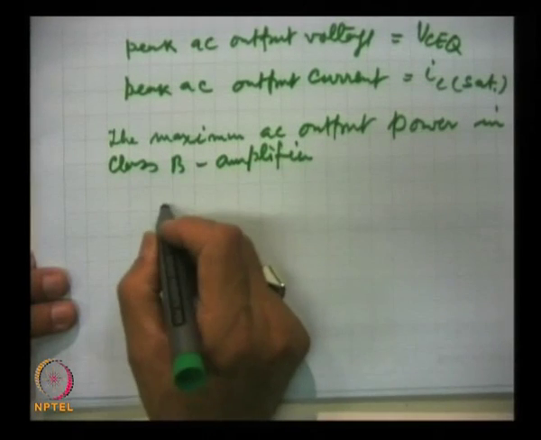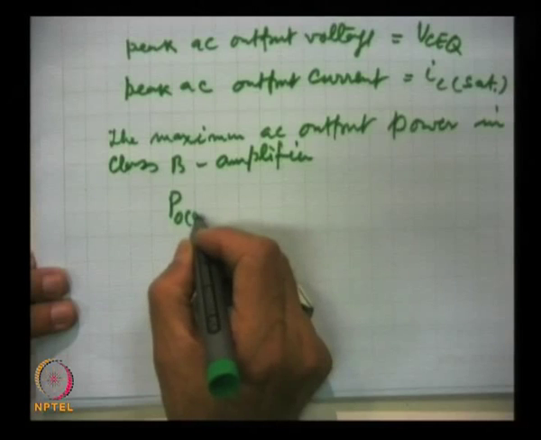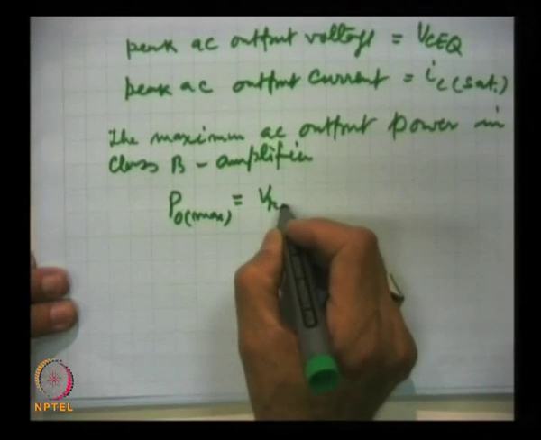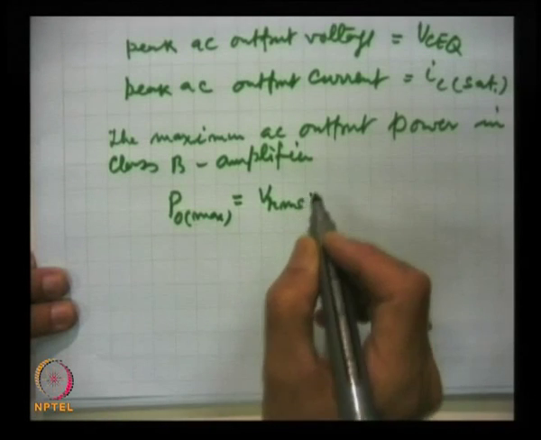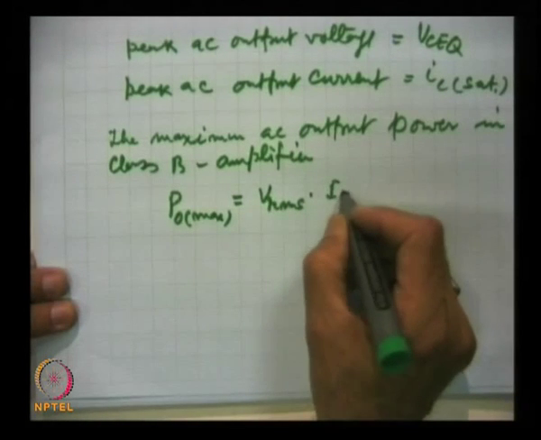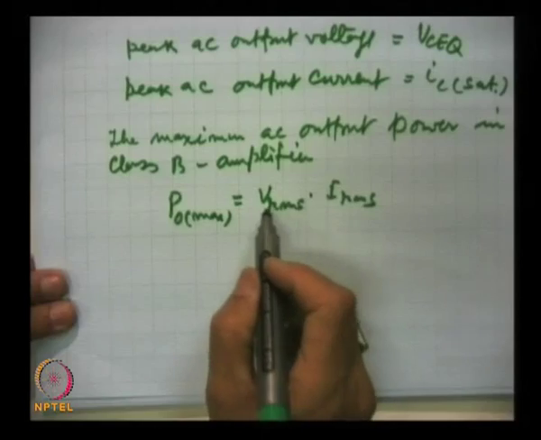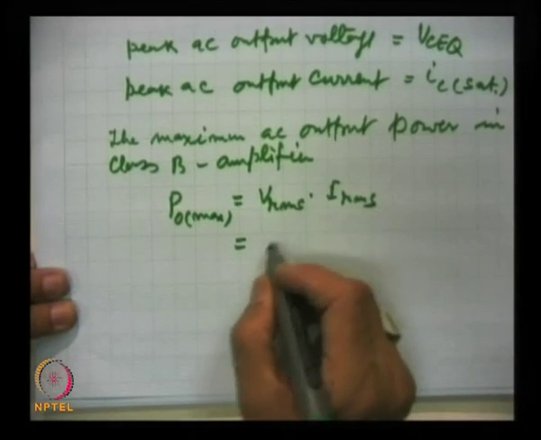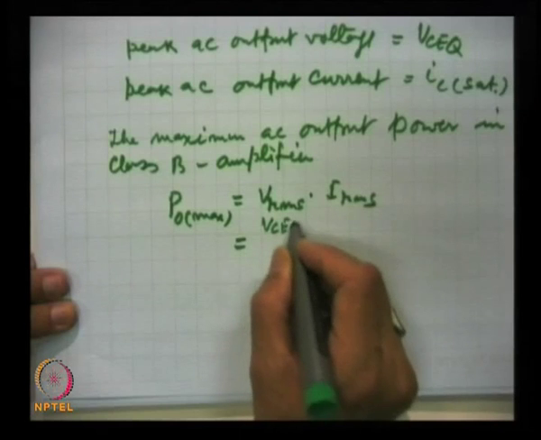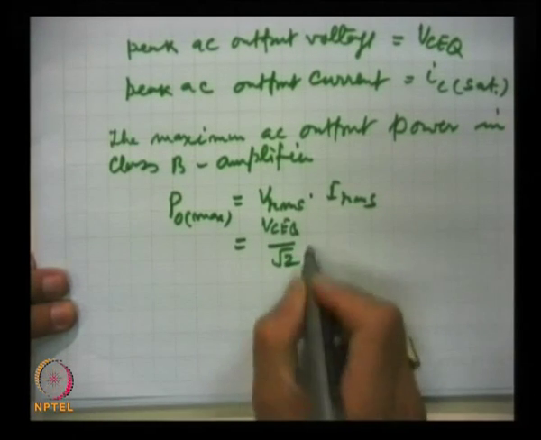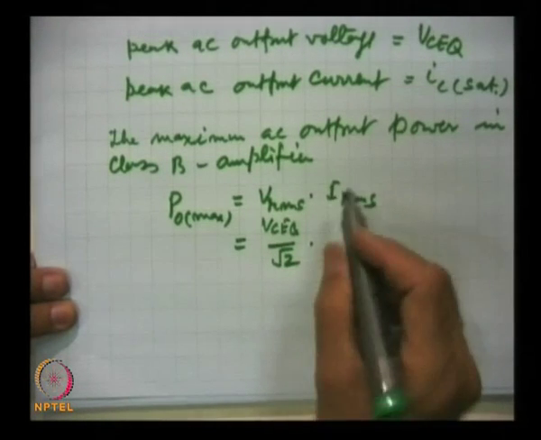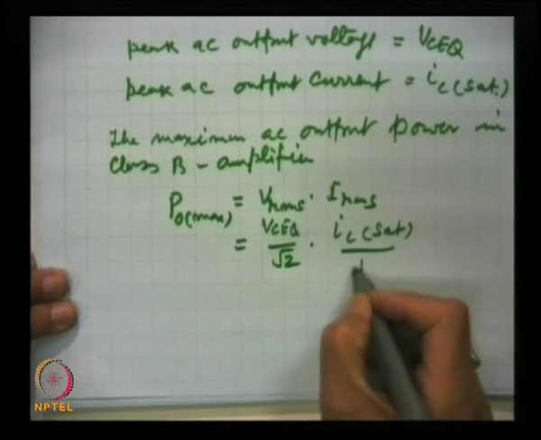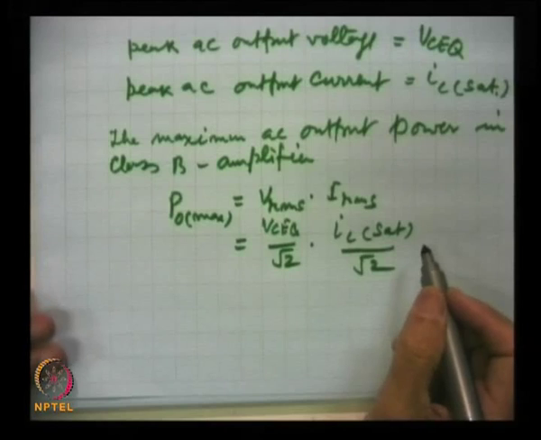PO max, maximum, is equal to V RMS into I RMS, and since these are peak values, this is VCEQ by root 2 into IC set by root 2.